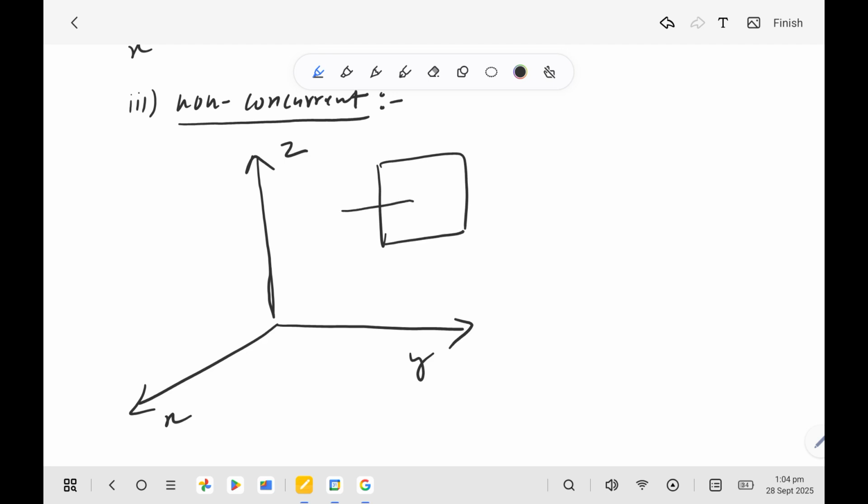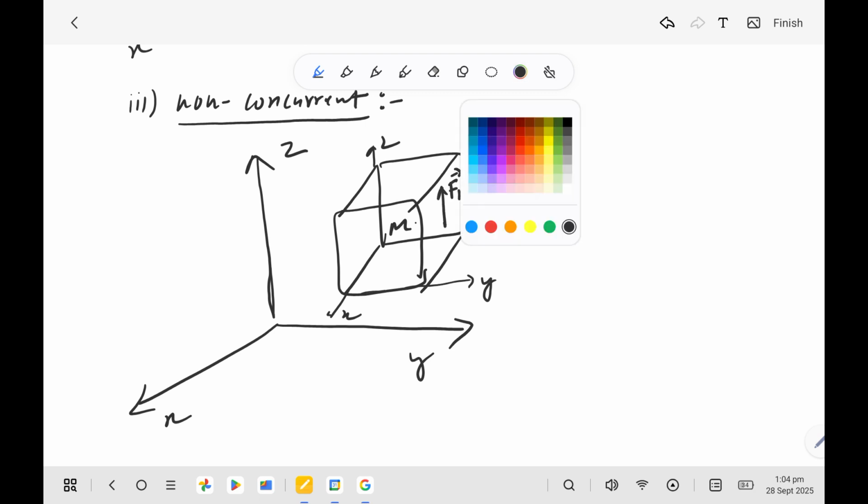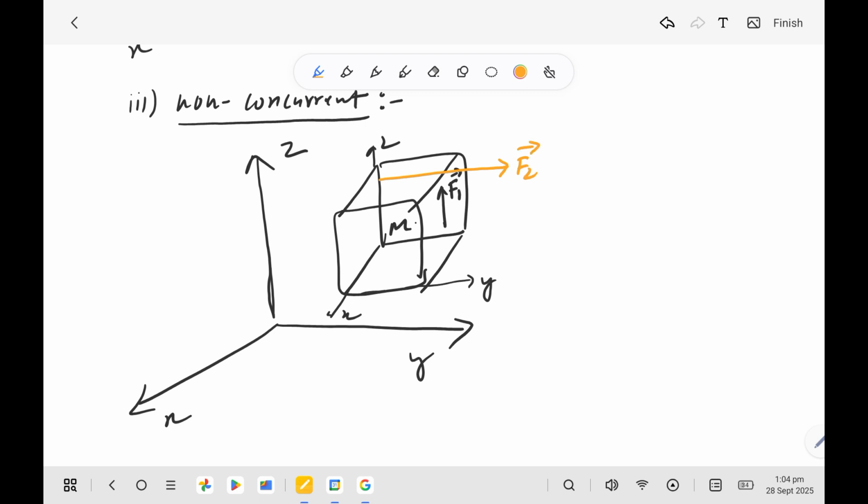Again, we define an object of mass m in this space. Now let's say one force is acting in this plane, and another force acting in this plane.